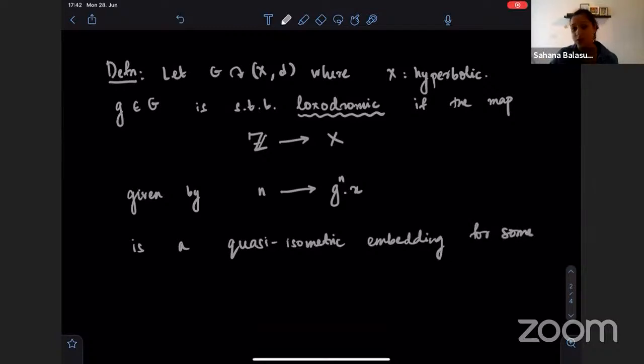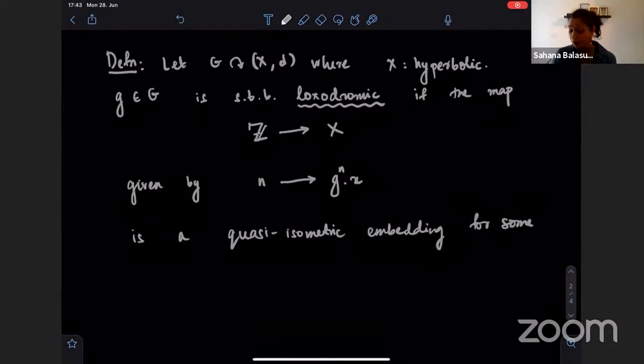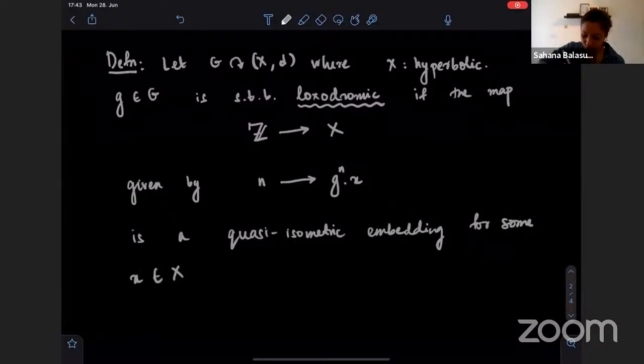In fact, if it's a quasi-isometric embedding for one x, it'll be a quasi-isometric embedding for any x.